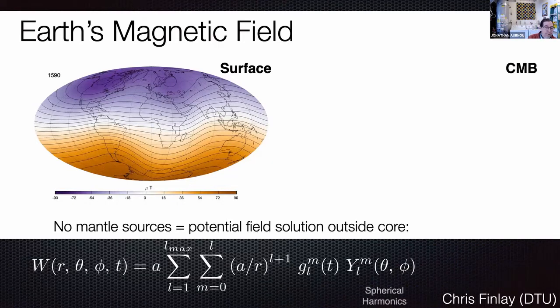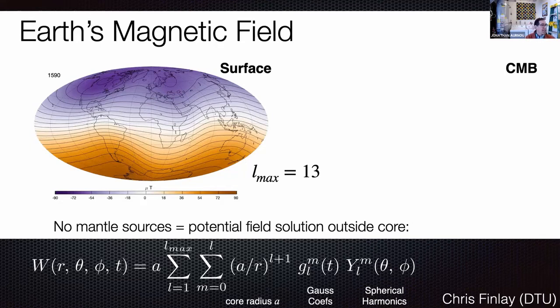Classic, we've got spherical harmonics in theta and phi. We have data at the surface of the Earth out to a maximum spherical harmonic degree 13, shown here in this nice image from Chris Finlay. In addition, we have a radial fall-off term, and we measure in time the strength of each of these harmonics via what are called Gauss coefficients.